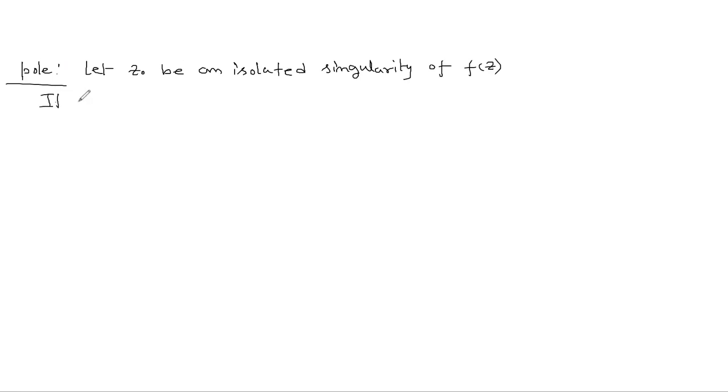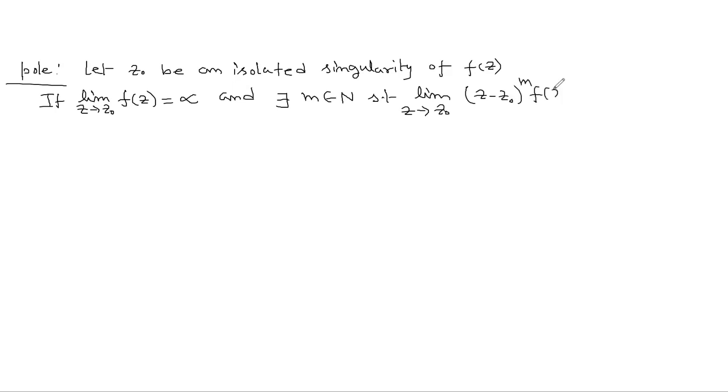Now, if the limit z tends to z0 of f(z) is equal to infinity, and there exists some natural number m such that the limit z tends to z0 of (z minus z0) power m into f(z) exists finitely and is not equal to 0, then we say z0 is a pole of order m.